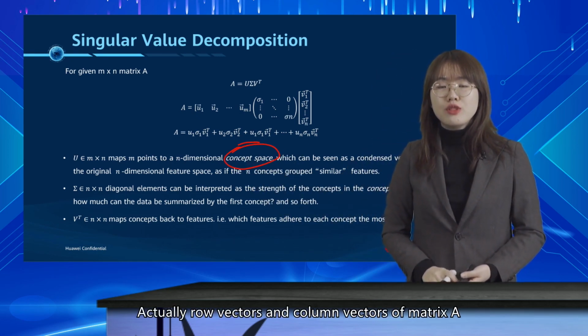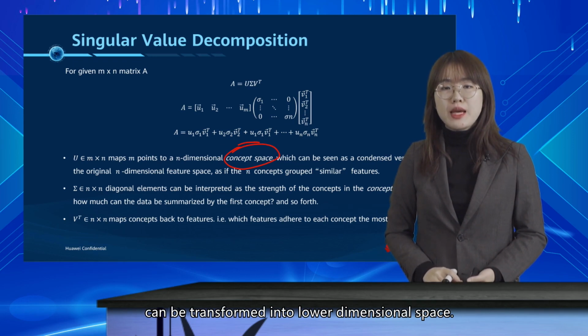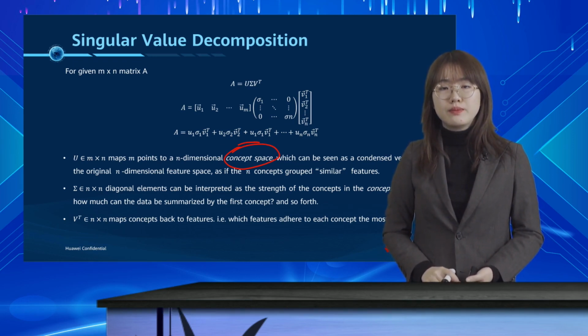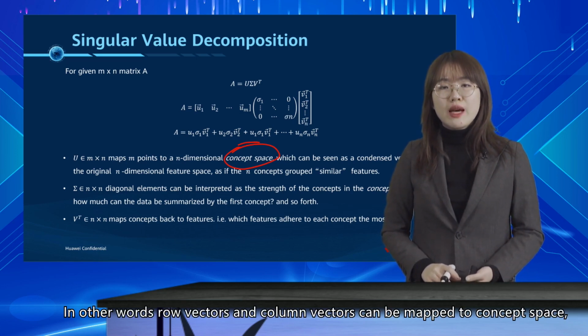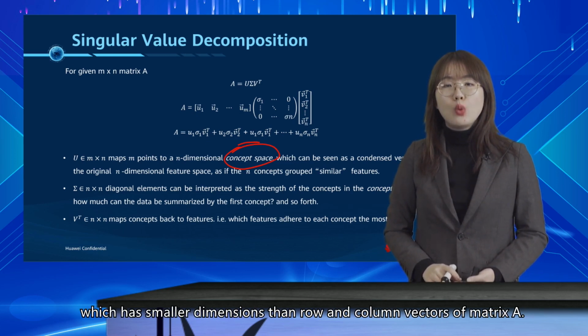Actually, row vectors and column vectors of matrix A can be transformed into lower dimensional space. This space is called the concept space. In other words, row vectors and column vectors can be mapped to a concept space, which has smaller dimensions than row and column vectors of matrix A.